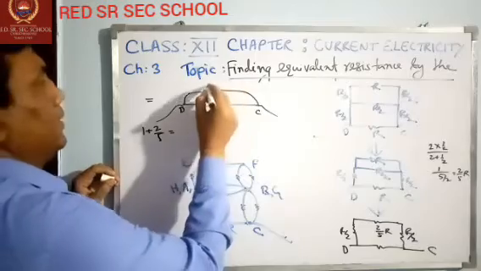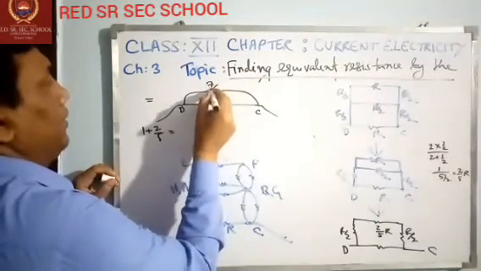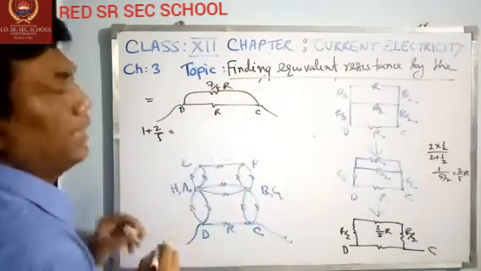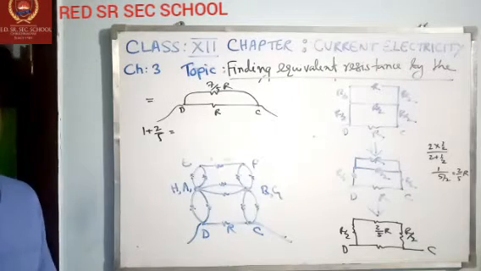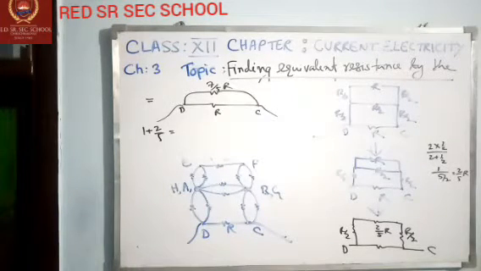What will happen? 7 by 5 R. Okay. So finally we are getting 7 by 5 R and R parallel. Okay. 7 by 5 and R are parallel.